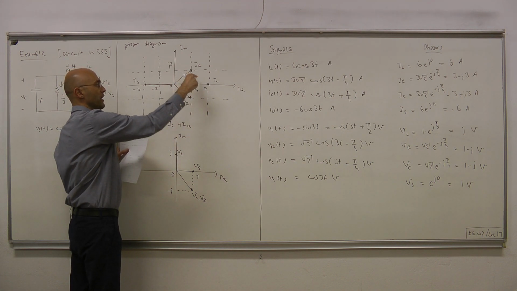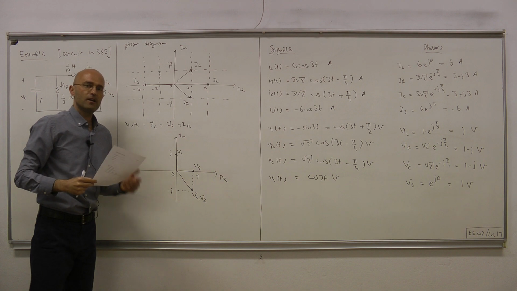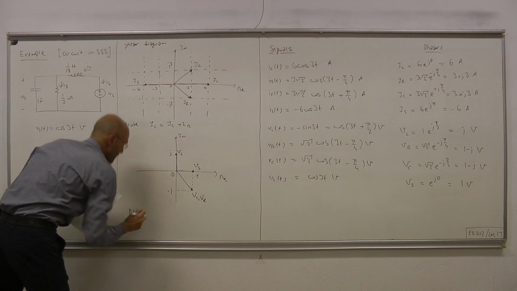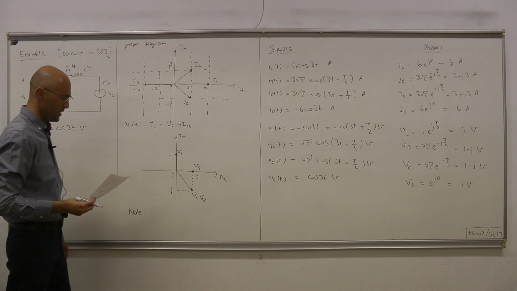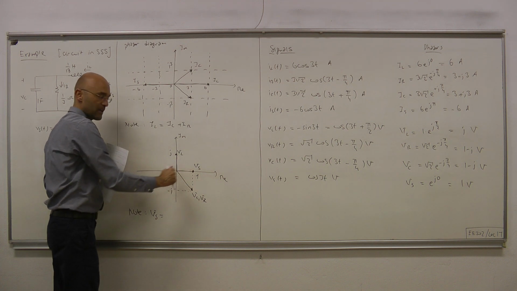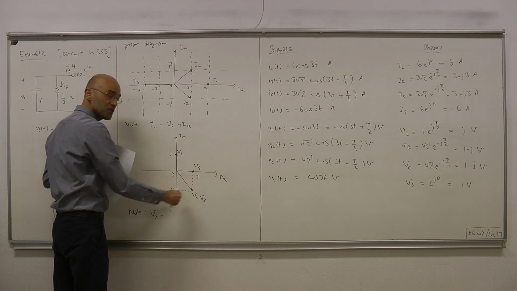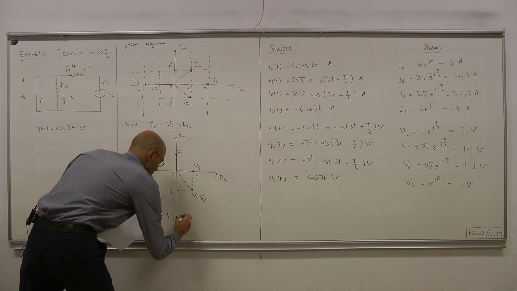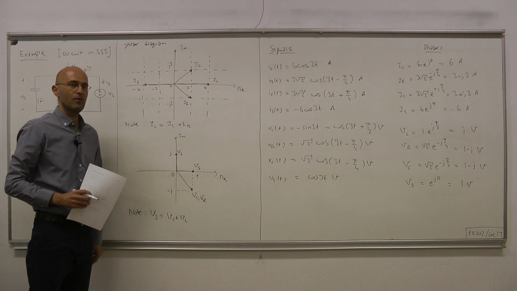These two vectors, when summed, give us IL. And as for the voltages, we see that Vs, this vector, can be written as the sum of VL plus that vector, which is VC plus VL.